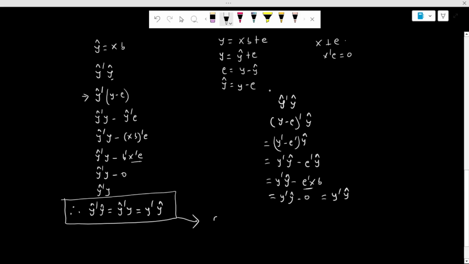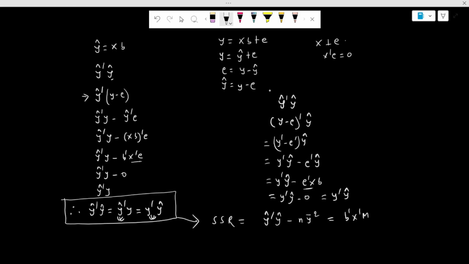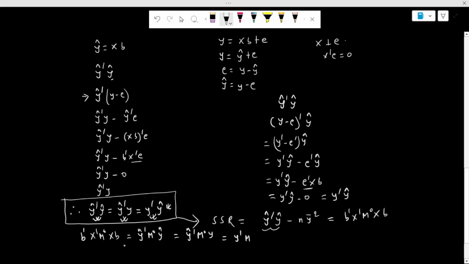And we have derived the sum of squares due to regression: in place of y cap transpose y cap, we can substitute either of these values, and in fact this was equal to beta transpose x transpose M0 x beta, and we can substitute either this value or even this value. This can be written as y cap transpose M0 y cap, and following this result we can write it as y cap transpose M0 y, or we can write it as y transpose M0 y cap.